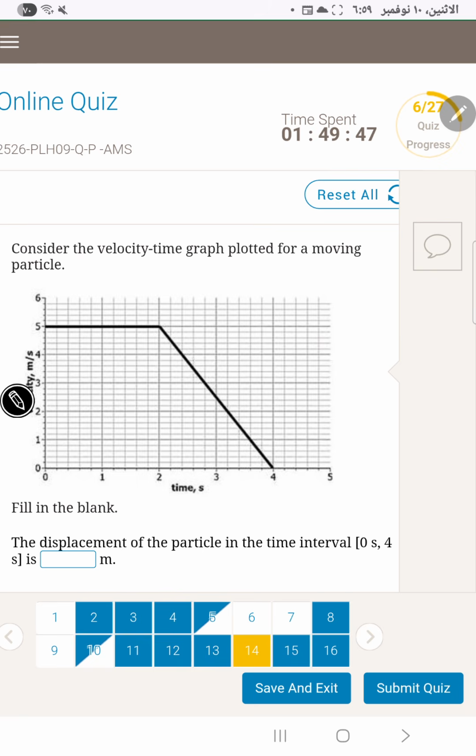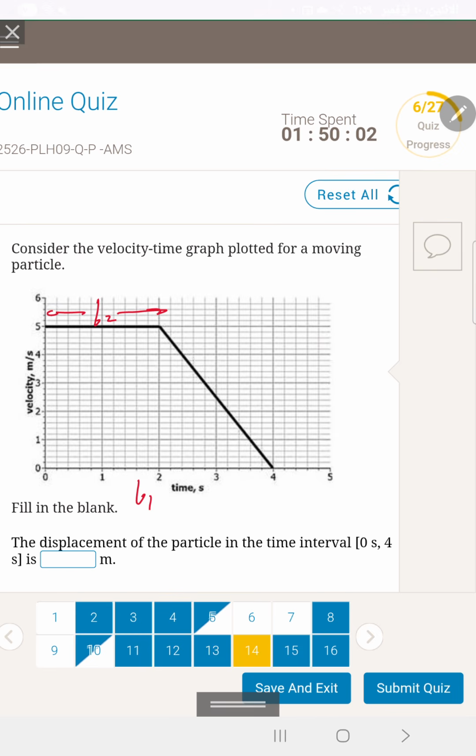Question number 14. The displacement of the particle in the time interval from 0 to 4 is what? Here you have to do area on the graph. Remember, this is also a trapezium. This is base 1, this is base 2, from here to here. And the height is from here to here.